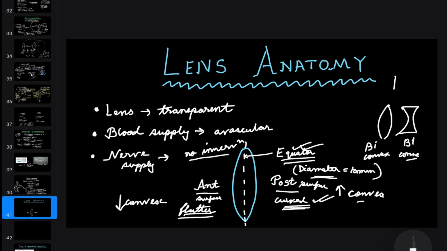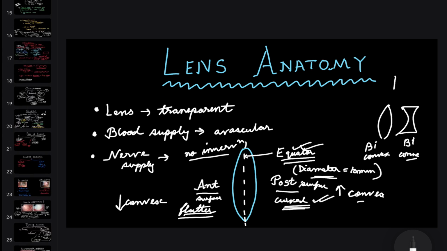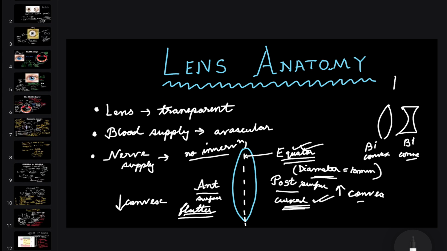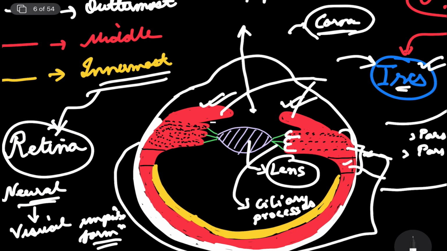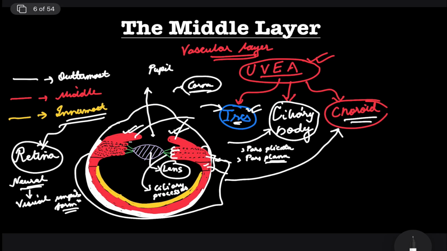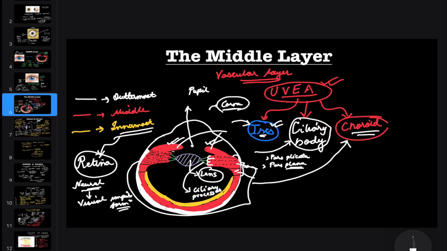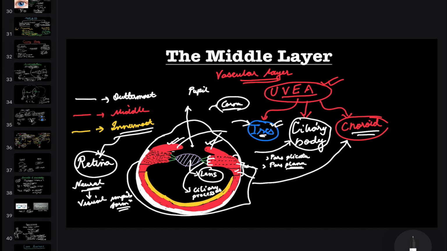So if I take you back to that picture that I was showing you before, you can see that the lens is situated at a particular place within the eye. We were talking about the different structures of the eye in this slide, and you can see that the lens is placed in between the ciliary zonules and the ciliary body. So this fossa that the lens is placed within in the eye is given a special name.